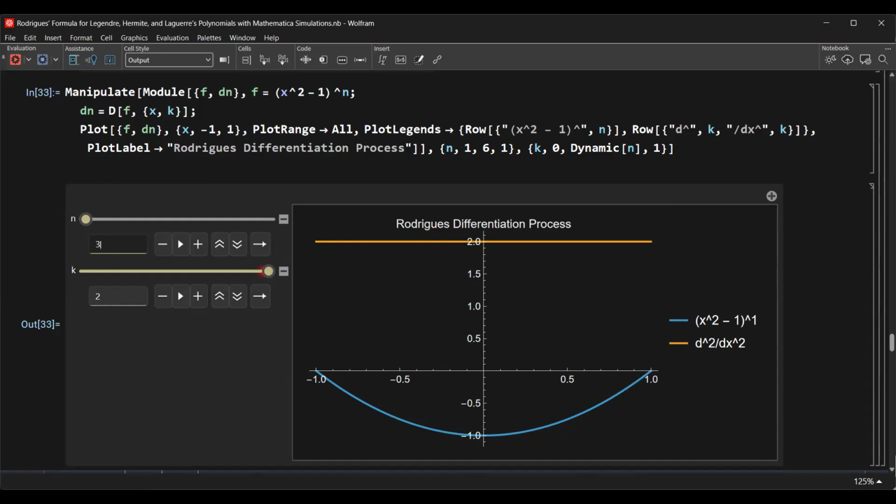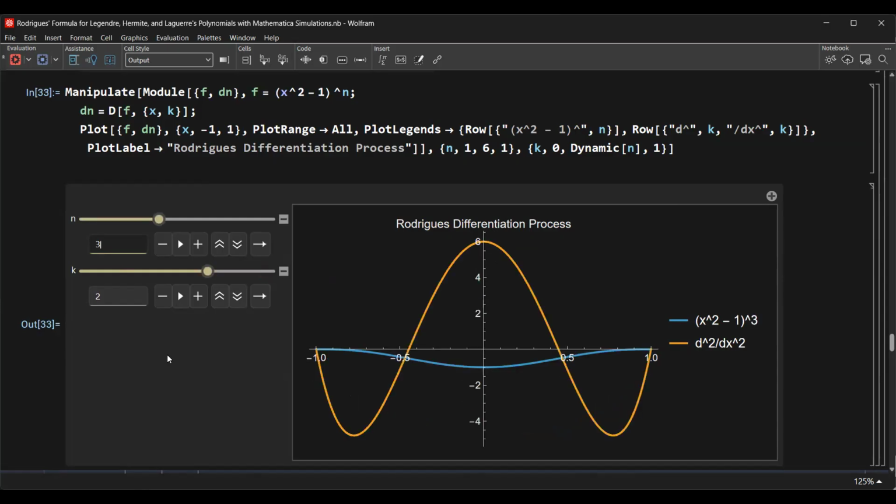And we have also here n equal to 3. So x squared minus 1 raised to the third. So we have the plot here from -1 to +1. The derivative of x squared minus 1 raised to the third is given by this curve. The plot of this is followed by the second derivative of x squared minus 1 raised to the third.